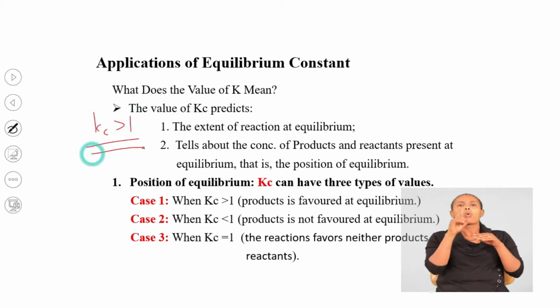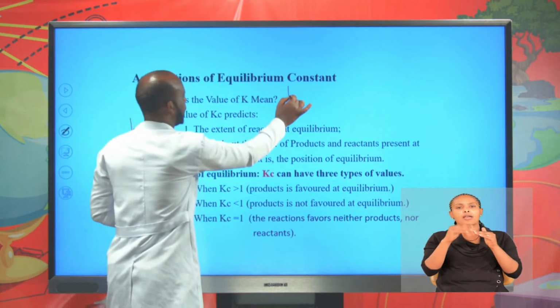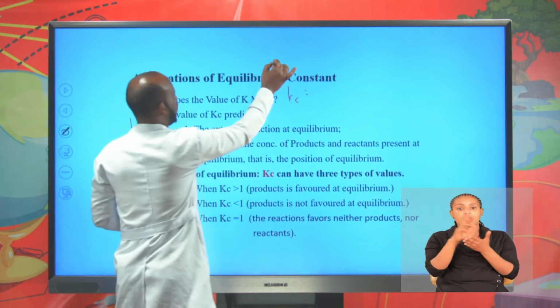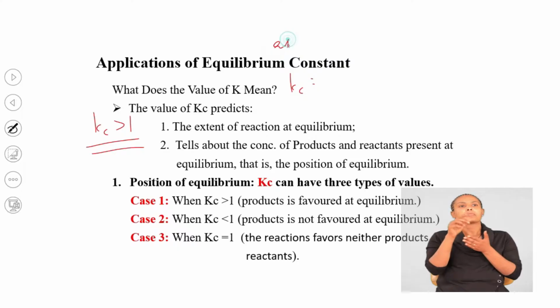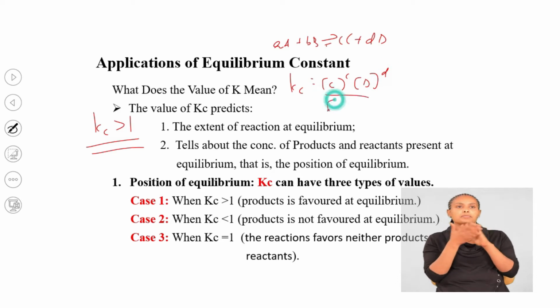What does this mean? As we said, Kc for a reaction of type aA plus bB to form cC plus dD is the concentration of C raised to c times the concentration of D raised to d, divided by the concentration of A to the power of a times the concentration of B raised to b.